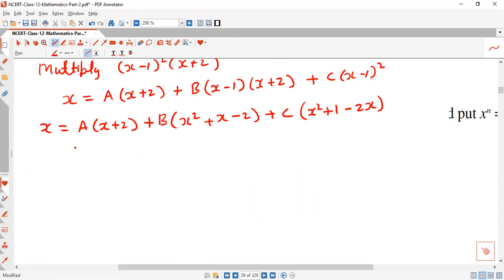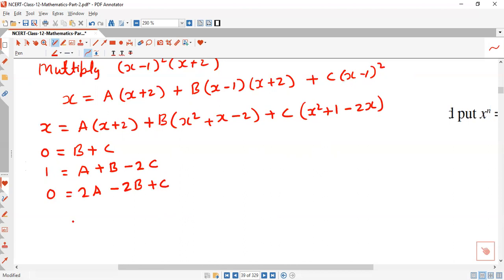Okay, now compare the coefficients. The x square coefficient: 0 equals B plus C. The x coefficient: 1 equals A plus B minus 2C. The constant coefficient: 0 equals 2A minus 2B plus C.